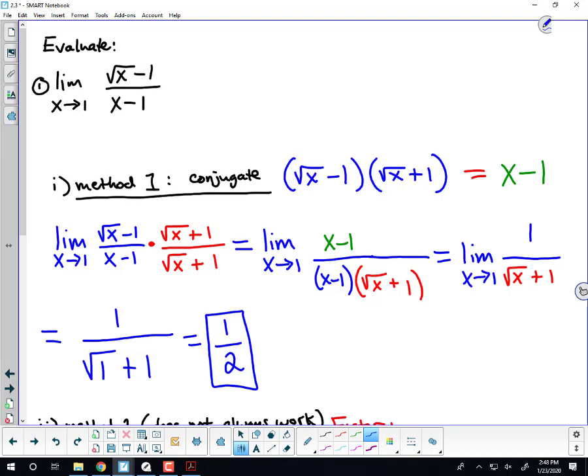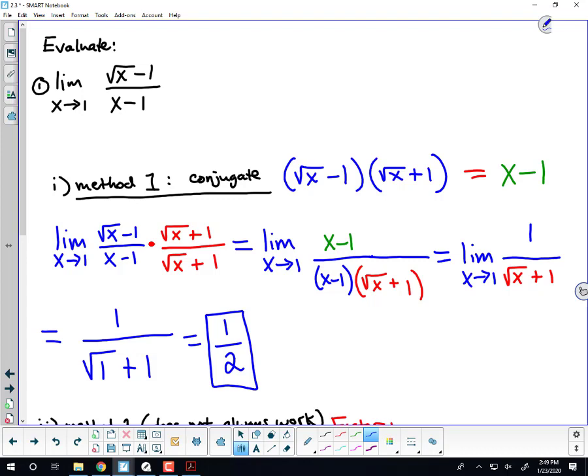So was the original function defined at the value we're approaching? Is it defined at x equals 1? No, right? Because x equals 1 causes us to divide by 0. The original function is not defined at the value we're approaching, but we do get an actual limit.